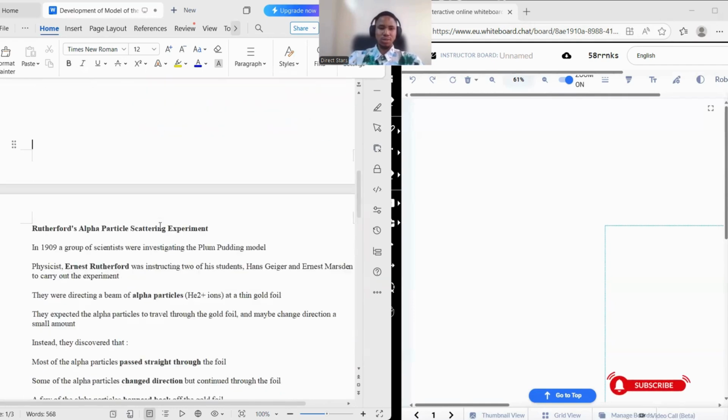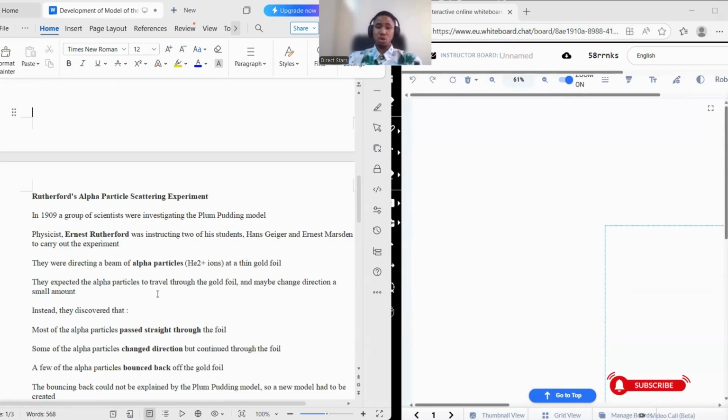After J.J. Thomson, Rutherford tried his own using what we call alpha particle scattering experiments. In 1909, a group of scientists were investigating this plum pudding model. Physicist Ernest Rutherford instructed two of his students, Hans Geiger and Ernest Marsden, to carry out the experiment using alpha particles, helium-2+, fired at a gold foil.